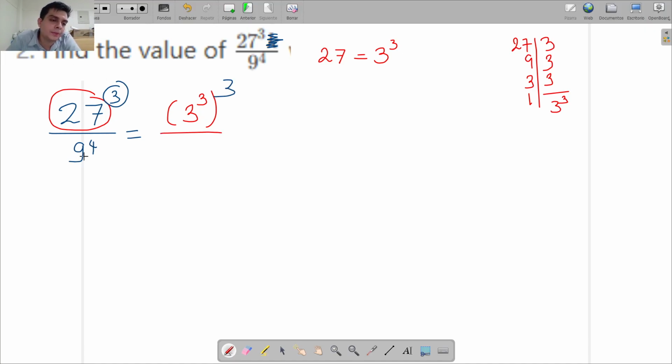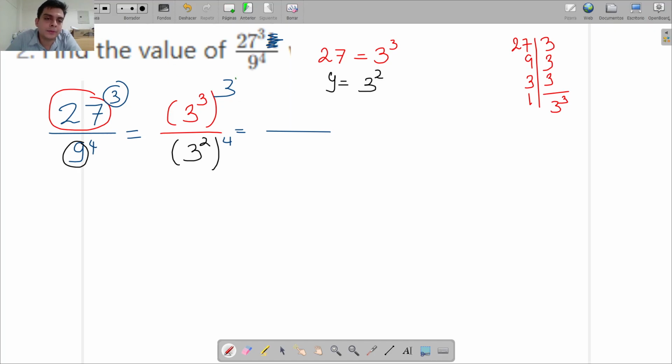Now here you have 9 to the power of 4. 9 can be written as 3 to the power of 2. So we are going to write 3 to the power of 2, and this 4 that is in blue color, we are going to put it there.